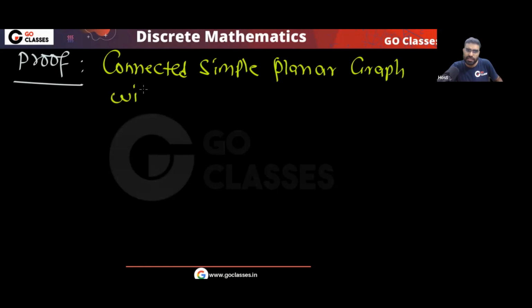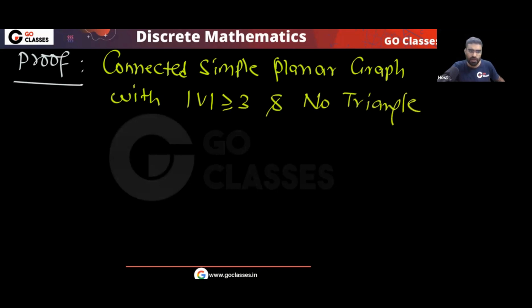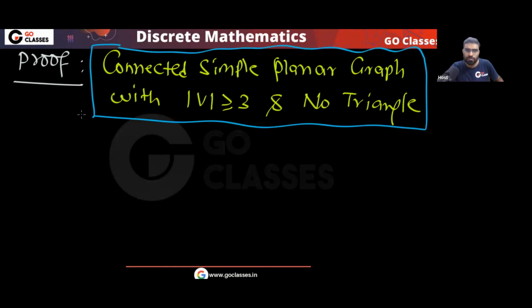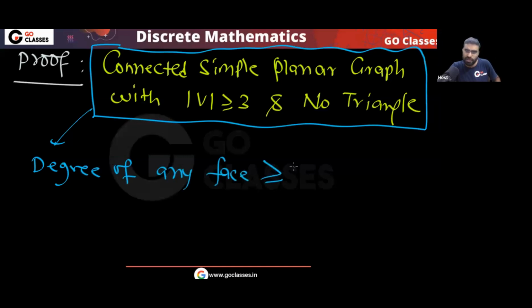I can say the degree of any face will be at least 4. Whatever face you take, the degree of any face will be greater than or equal to 4. So this is the first point.